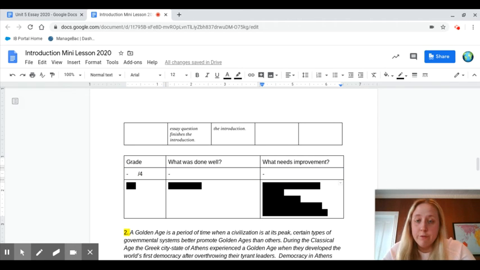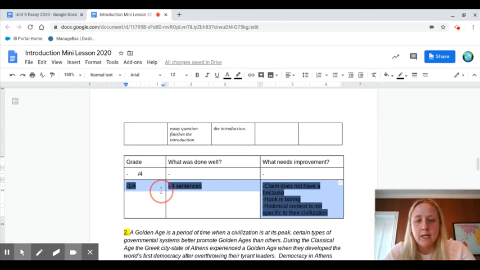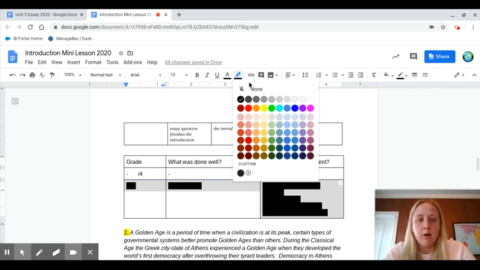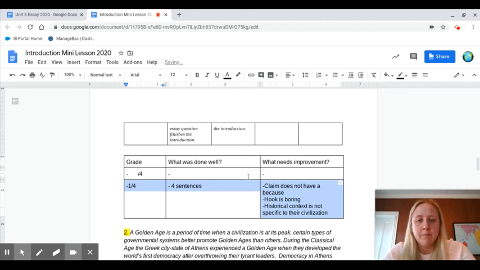So hopefully you paused and you did that, right? Because this is a good way to practice. How you're going to check your answers, you're going to unhighlight, right? So taking off our highlight here to none and look at what we gave it. So the teachers gave this one a 1 out of 4. So a very weak introduction paragraph. It was 4 sentences, which we said 3 to 4 sentences is good here.